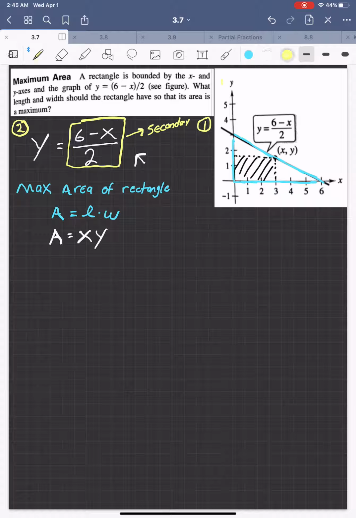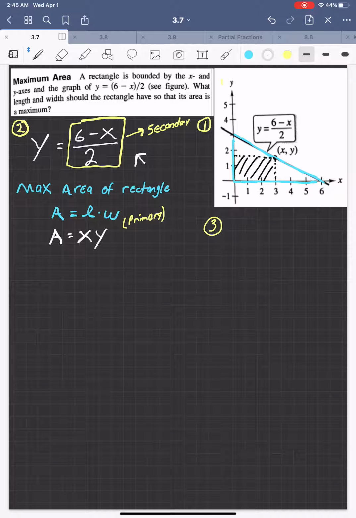Beautiful. So I'll go ahead and label this as the primary, because that is what you're trying to optimize.